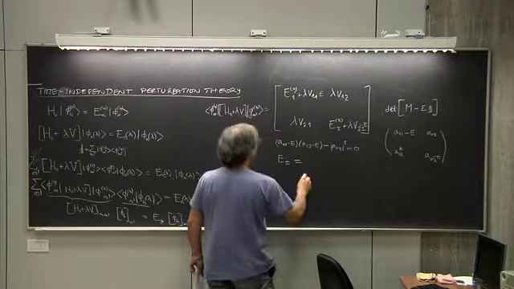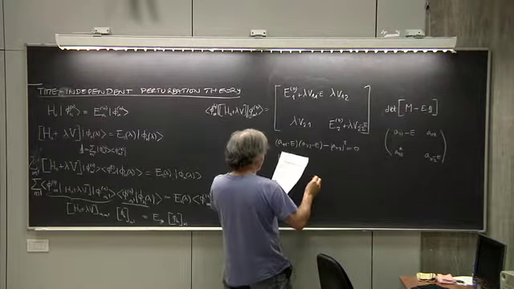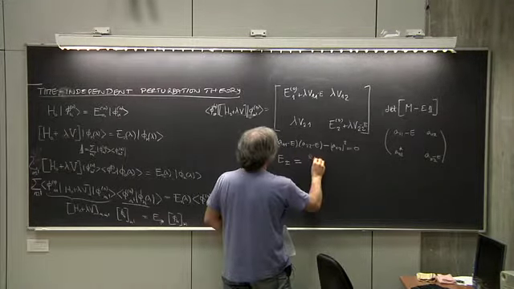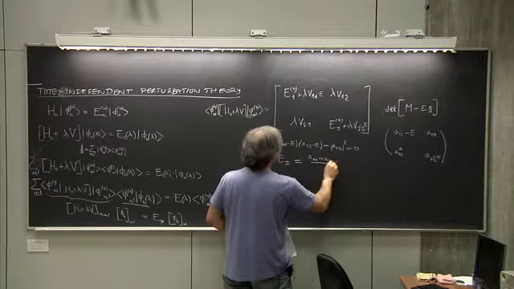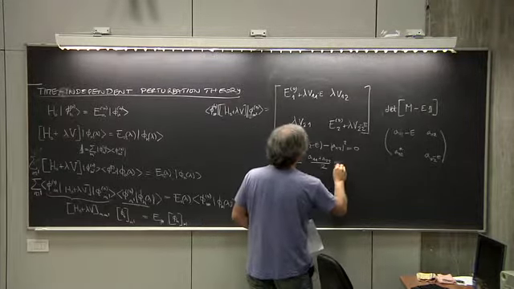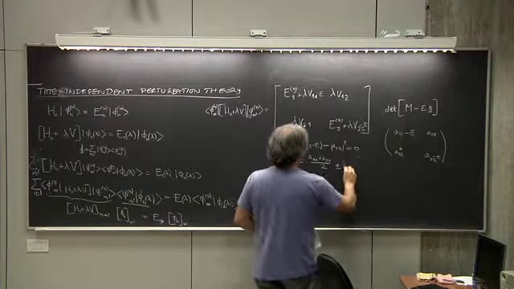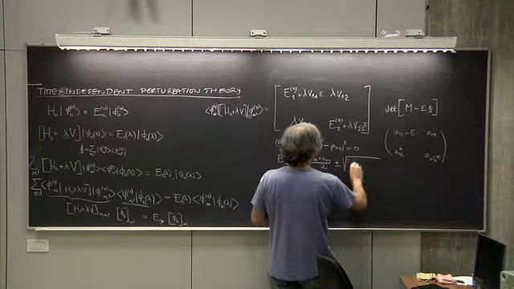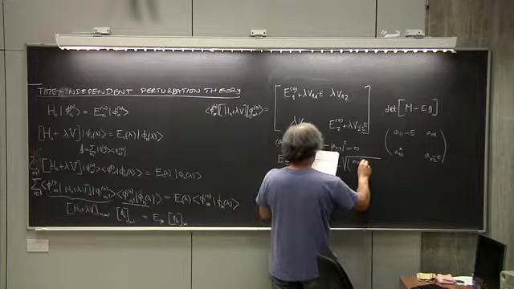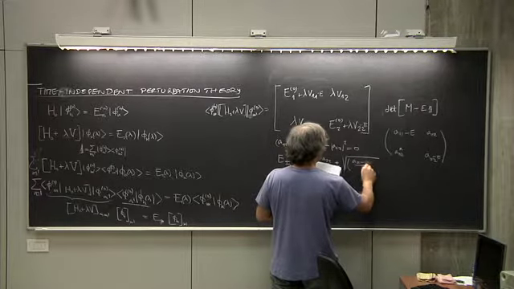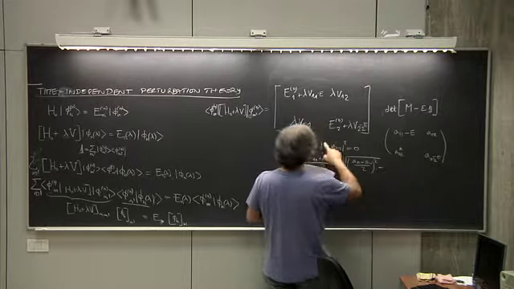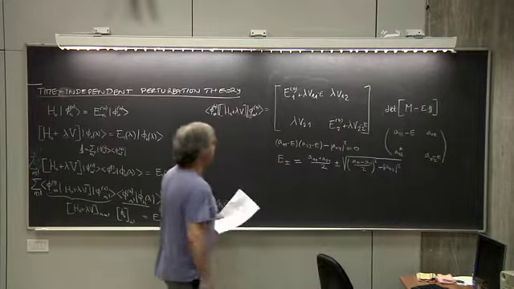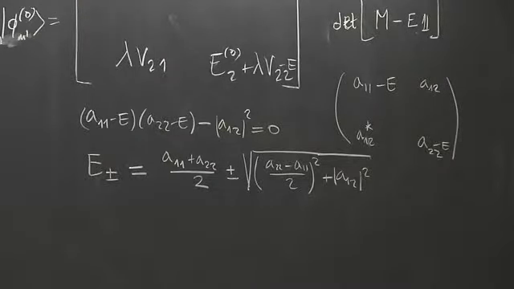There are two solutions here, and they are essentially given by the semi-sum of these elements, plus or minus the square root of the semi-difference squared, so A22 minus A11 divided by 2, squared, plus A12 modulo square. Okay? So you can see immediately this.